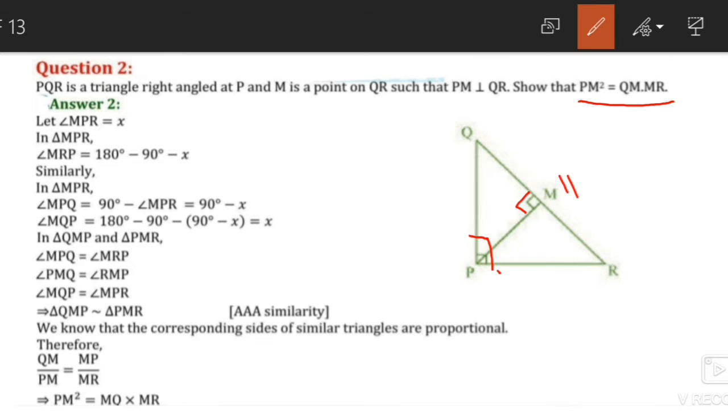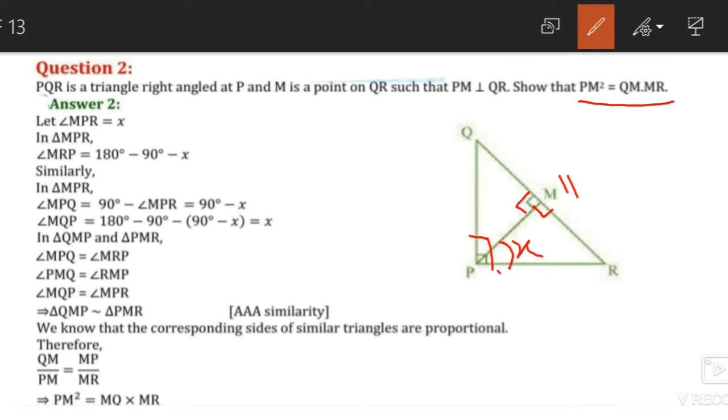First of all, I will consider angle MPR equal to X. That means this angle I am considering as X. Now since PMQ is 90 degree, this is also 90 degree.